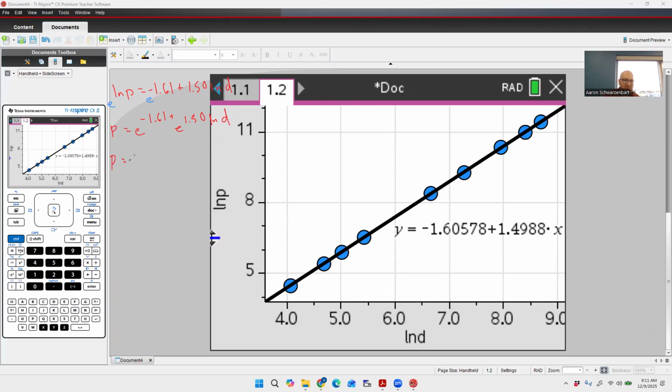And I can do a couple of things here. I cannot just cancel the e and the ln until I bring the 1.50 up there. With my calculator, I'm going to do e to the negative 1.61.